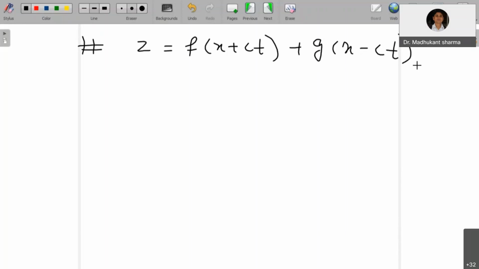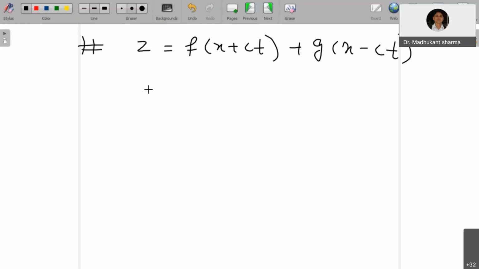Here two arbitrary functions f and g are involved, so you have to find the second order PDE. You can differentiate two times with respect to x and two times with respect to t, and we will be able to get it.